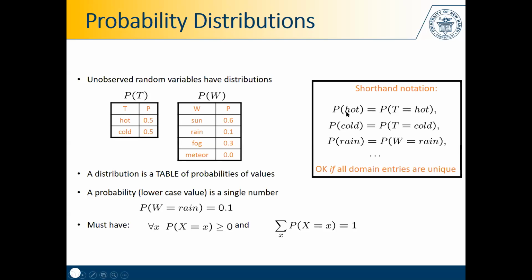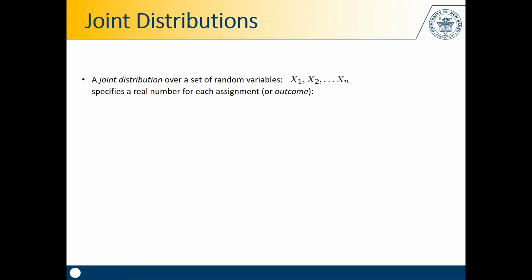So instead of saying P of W equals P of temperature equals hot, we just say P of hot. And we can shorten P of W being rain to P of rain. And it's okay if all domain entries are unique. This is just a notational rule to keep in mind.